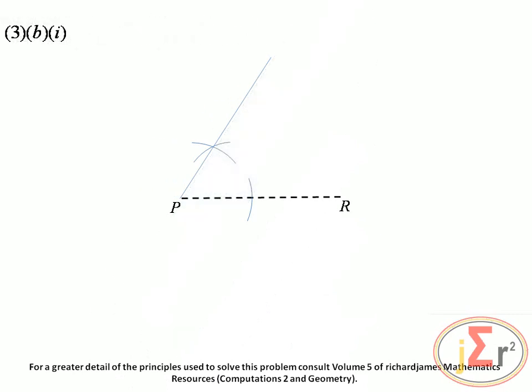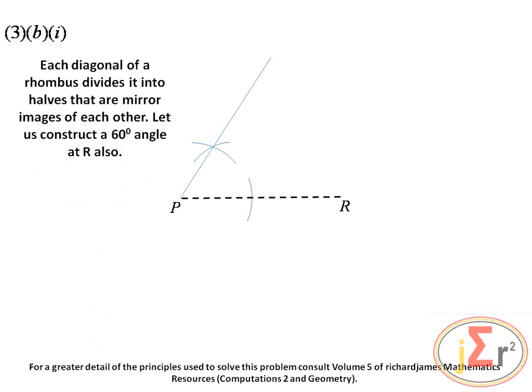If we are drawing a rhombus, the distance from P to the point Q must be the same distance from R to Q. We can make sure of that by constructing another 60 degrees angle at R. So each diagonal of a rhombus divides it into halves that are mirror images of each other. Let us construct a 60 degrees angle at R also.